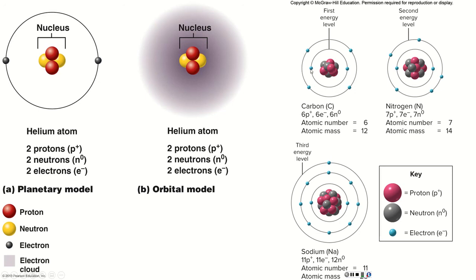Each one of these shells can only hold a certain number of electrons. The first shell can hold up to 2 electrons. The second shell can hold up to 8 electrons, and every shell after that can hold up to 8 electrons.